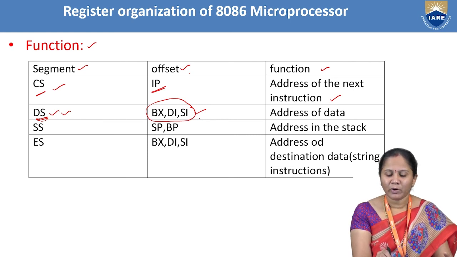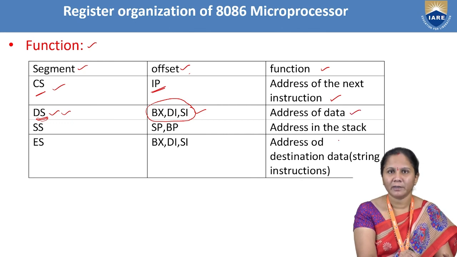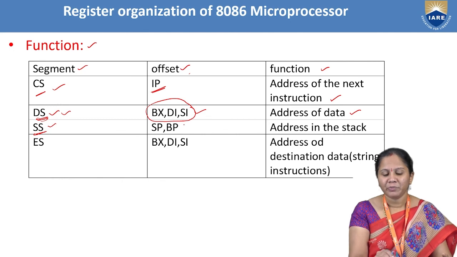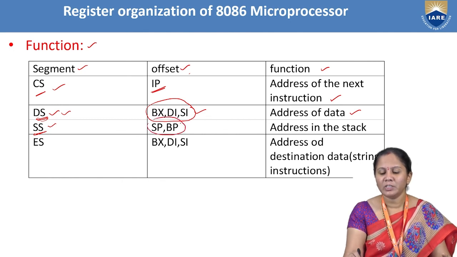That means from any of these three registers only, the offset address should be taken if the segment is the data segment. So from this DS we will get the segment address, and from any of these three registers we will get the offset address. And in this case, the function that will be performed is that you can see the address of the data.